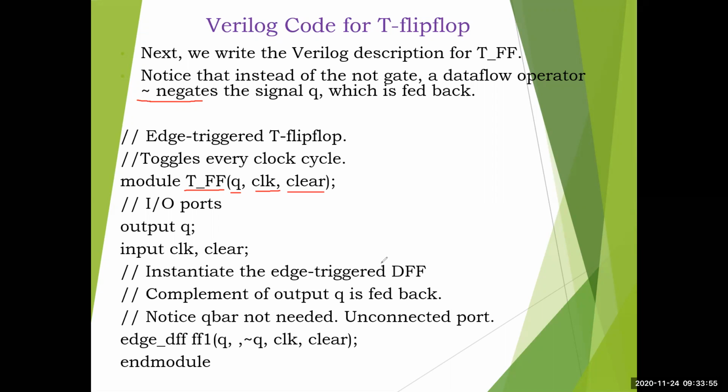Now we'll instantiate the D flip-flop, because the T flip-flop is constructed using it. So edge D flip-flop, flip-flop 1, with Q, not of Q, clock and clear passed to it. There are two semicolons there, so don't worry about this.